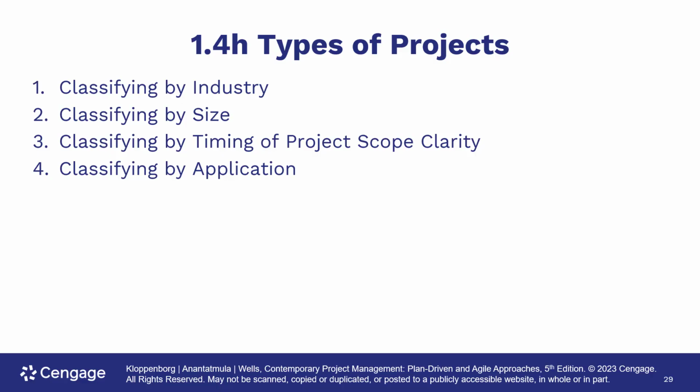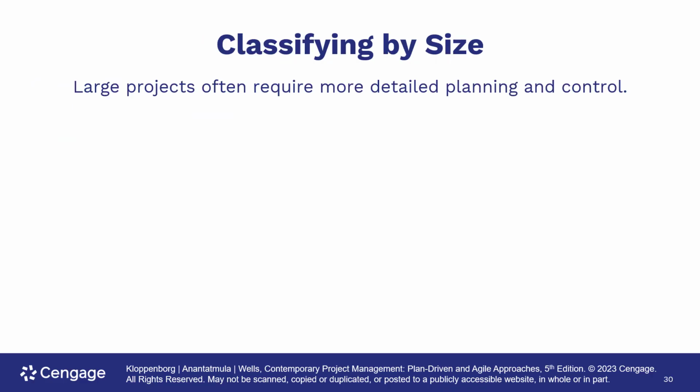So, types of projects: you're classifying by industry, by size, by timing of project scope clarity, and then by application. Classifying by size: large projects often require more detailed planning and control. And, listen, large projects require more planning and more control just due to the complexity.